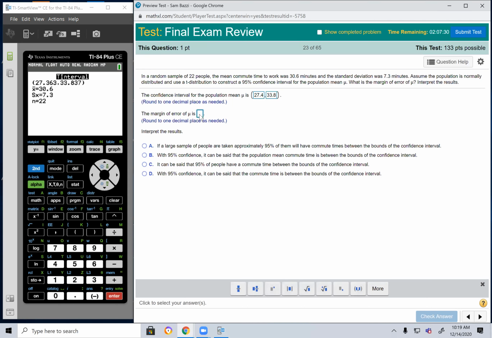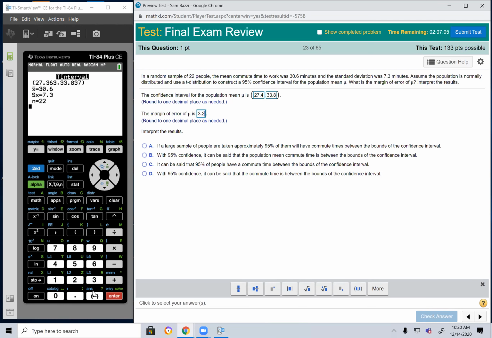What is the margin of error? If you have the interval, subtract the lower from the upper and divide by 2. So it will be 33.8 minus 27.4, which is 6.4, and divided by 2, it will be 3.2. So it's easy.